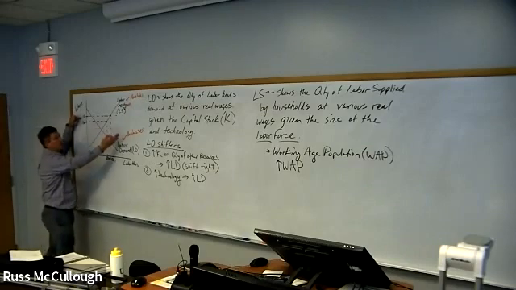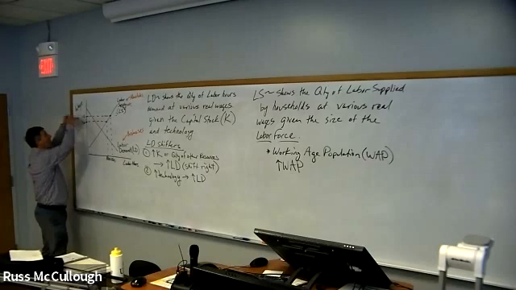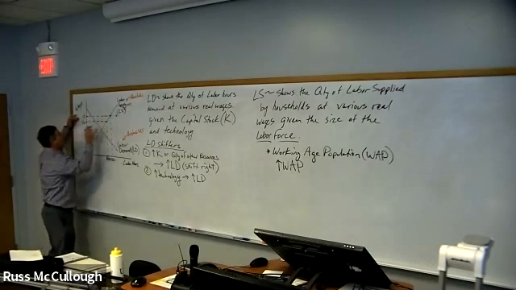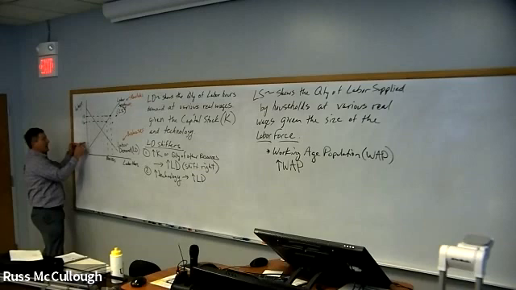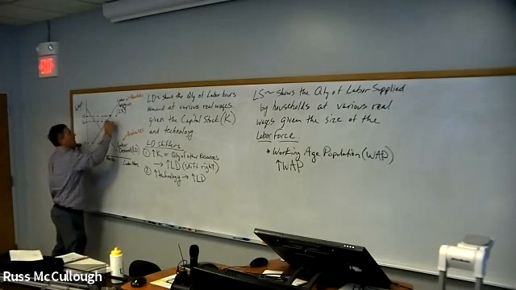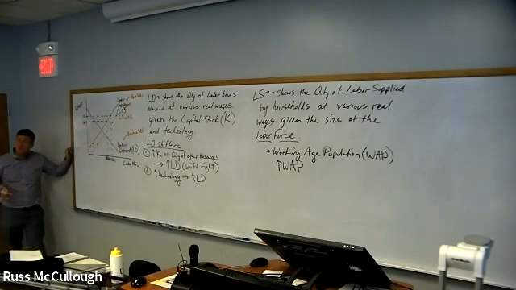Would there be more people willing to work or less people? More, right? So at 18, there used to be 1,000, but now there's more. At 16, there used to be 800, but now there's more. At $7 an hour, there used to be this many people, but now there's more. And so the whole thing, the labor supply curve at WAP number 2, shifts to the right.